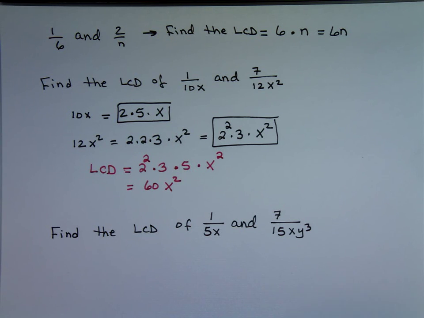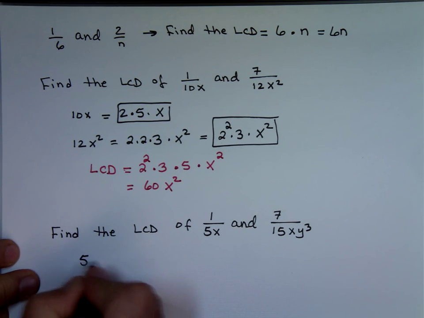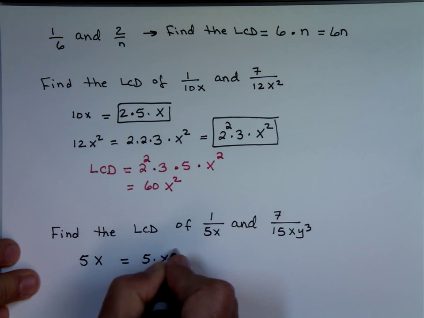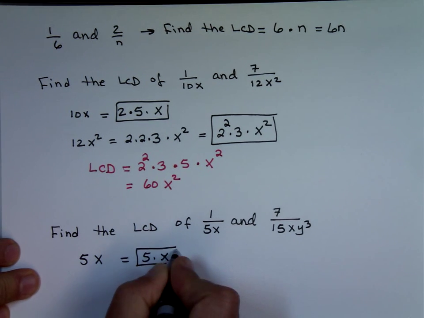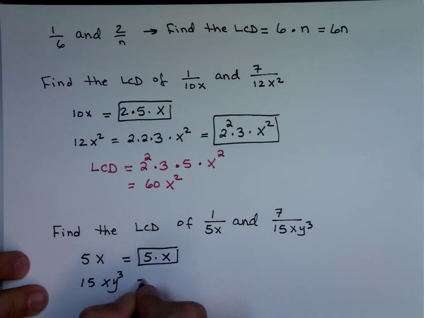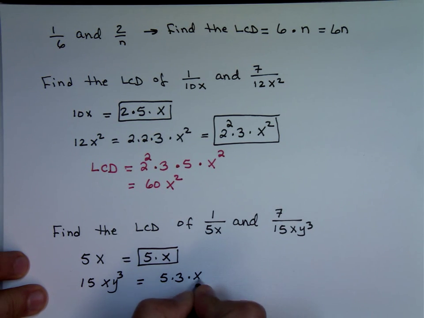Again, the 5x is 5 times x. I can't simplify that anymore. The 15xy to the third, the 15 is 5 times 3 times x times y to the third.